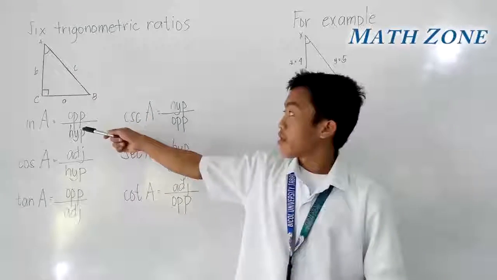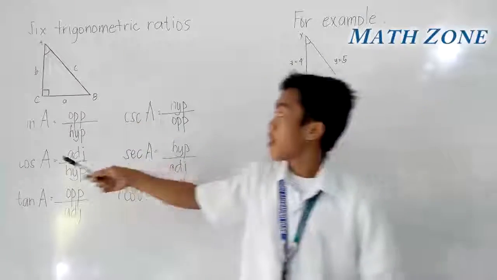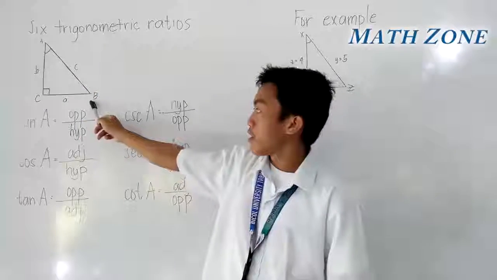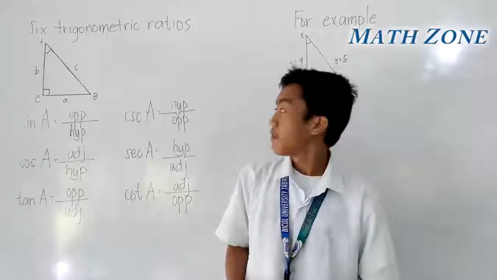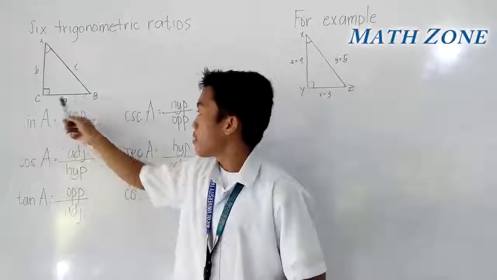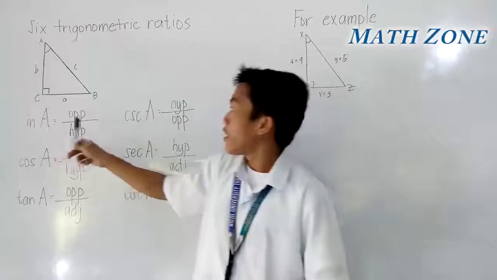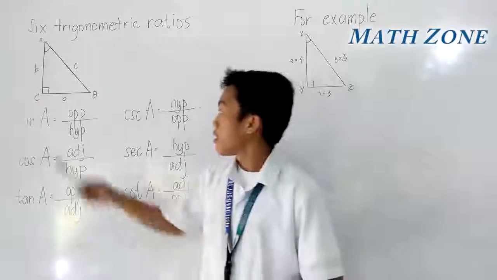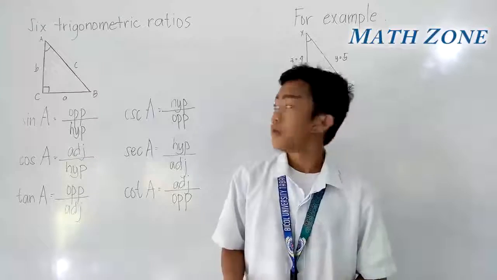Here is a right triangle named triangle ABC. Angle A, angle B, and angle C are the angles of the triangle. Line segment BC, line segment AC, and line segment AB are the sides, and a, b, and c are their measures.